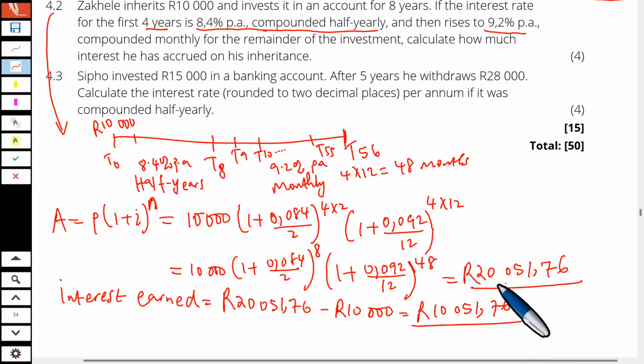So you take the final amount and you subtract the principal. So the interest earned is always A minus P, and you get the answer. So if they ask you in the test, in the exam, to calculate the interest earned, what is the formula? It's A minus P, and you get the answer.